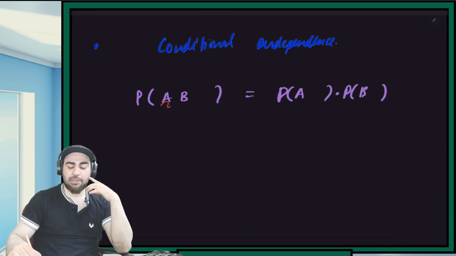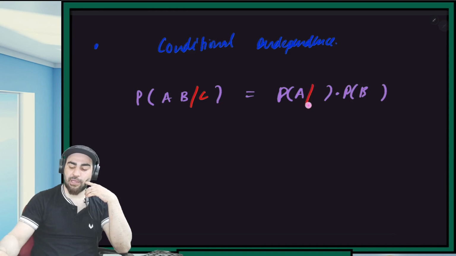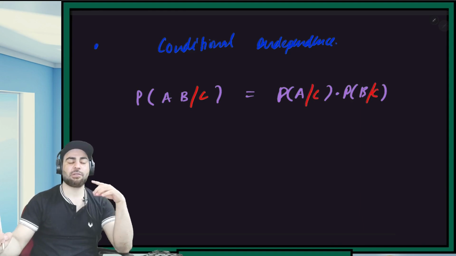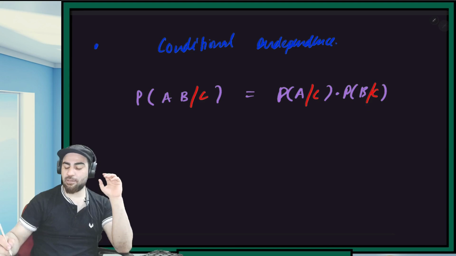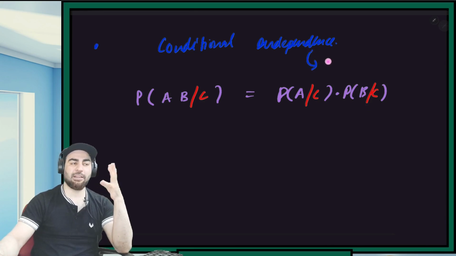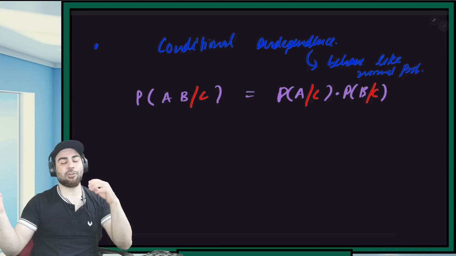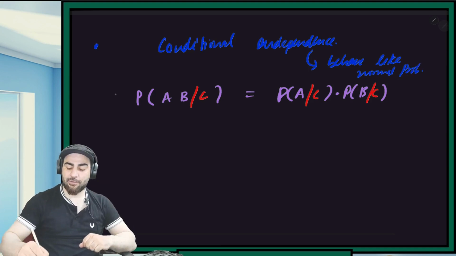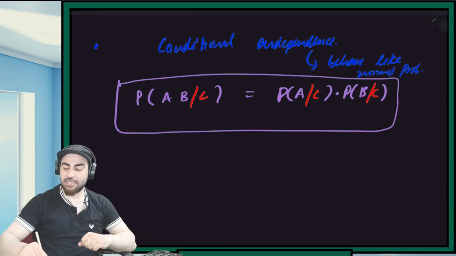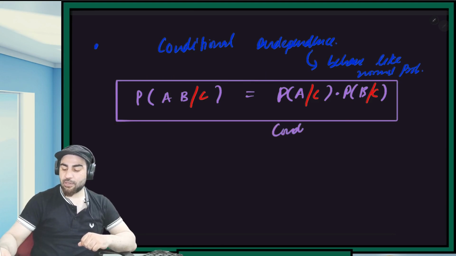I'm saying probability of A and B given C equals probability of A given C multiplied by probability of B given C. So conditional probabilities, along with independence, behave like normal probabilities. You can prove this mathematically also, but you can take my word for it. This is what is called conditional independence.